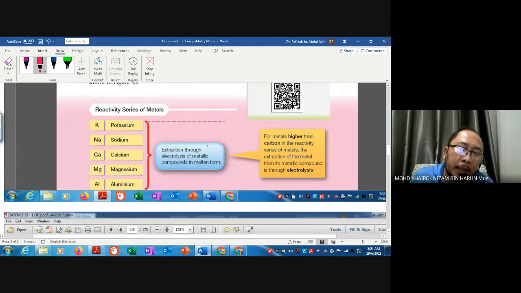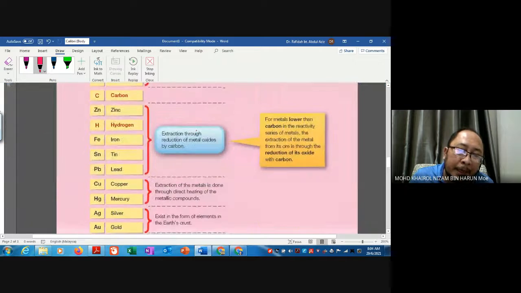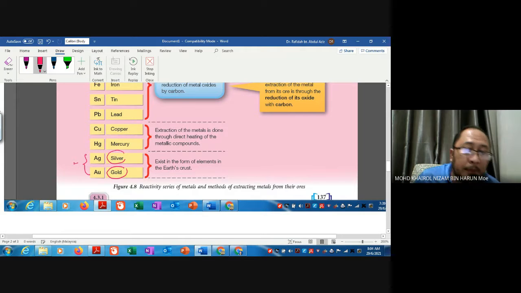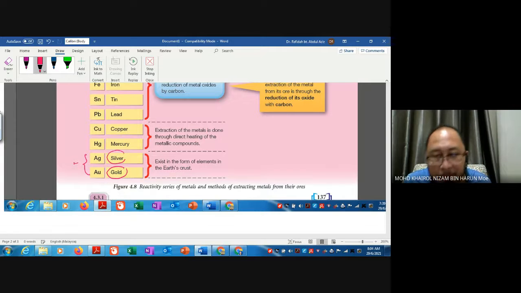So that's why gold and silver become the most popular metals and very high precious metals, in high demand because they exist naturally in their own form, as gold and as silver.